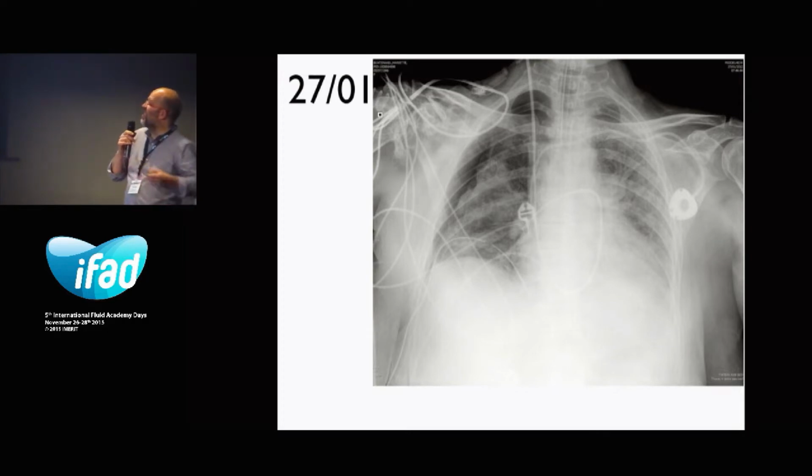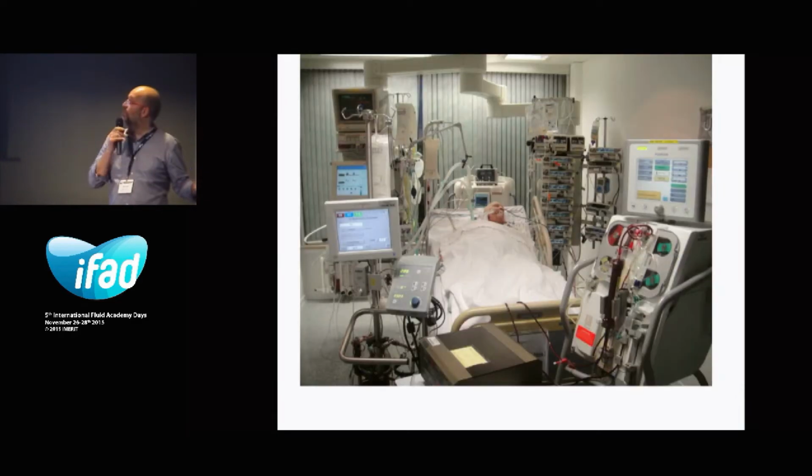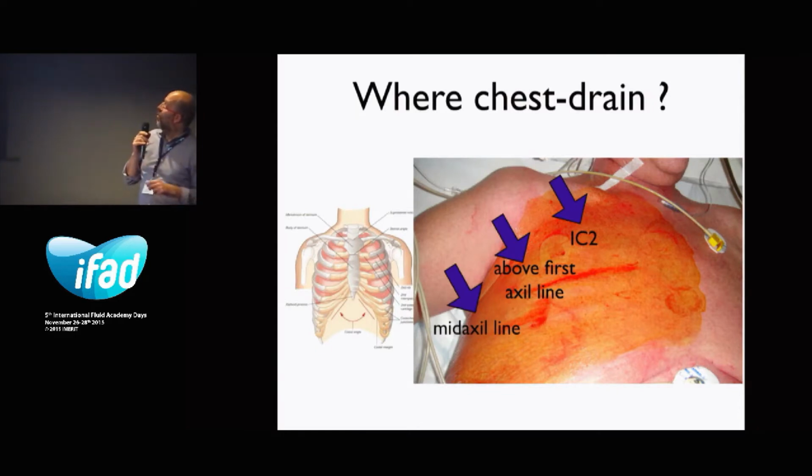So it's a very sick lung, and the ventilation is not going very well, so you probably need another chest drain. But where are you going to put this? She's on ECMO, she's on hemodialysis, a lot of Christmas trees. This is a difficult patient. Where are you going to put this chest drain? And ultrasound can help you to decide.